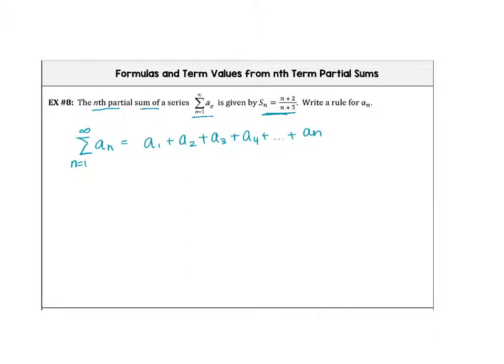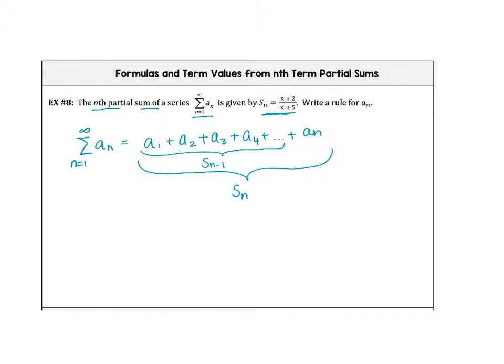So if we're talking about our partial sums, keep in mind that all of this part from here all the way out to here, that is S sub n. And let's say we take a small portion of this, that's going to be S sub n minus 1.